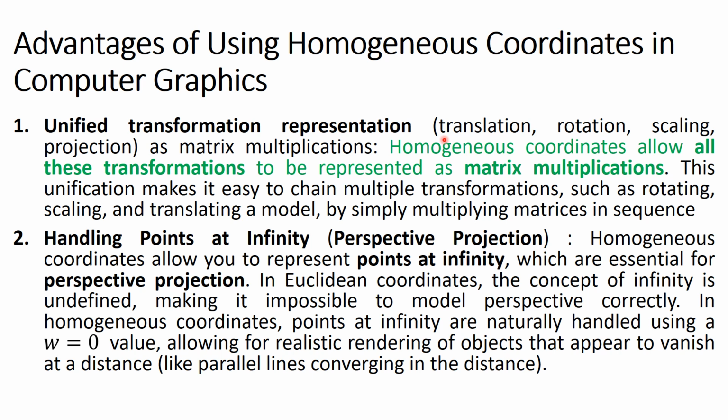After multiplying the translation matrix, rotation matrix, scaling matrix, and projection matrix in order, you get the final transformation matrix. This can be done in a simpler way in the homogeneous coordinate system. This unification makes it easy to chain multiple transformations such as rotating, scaling, and translating a model by simply multiplying matrices in sequence.